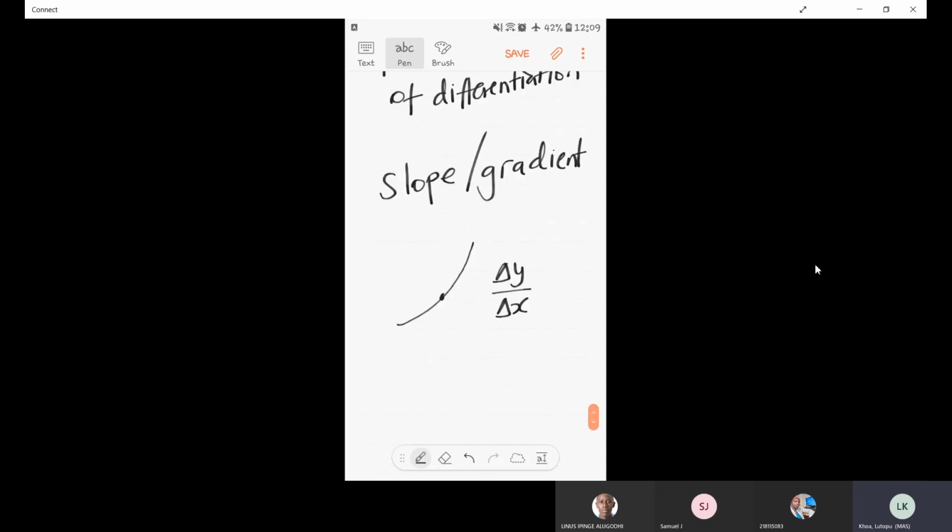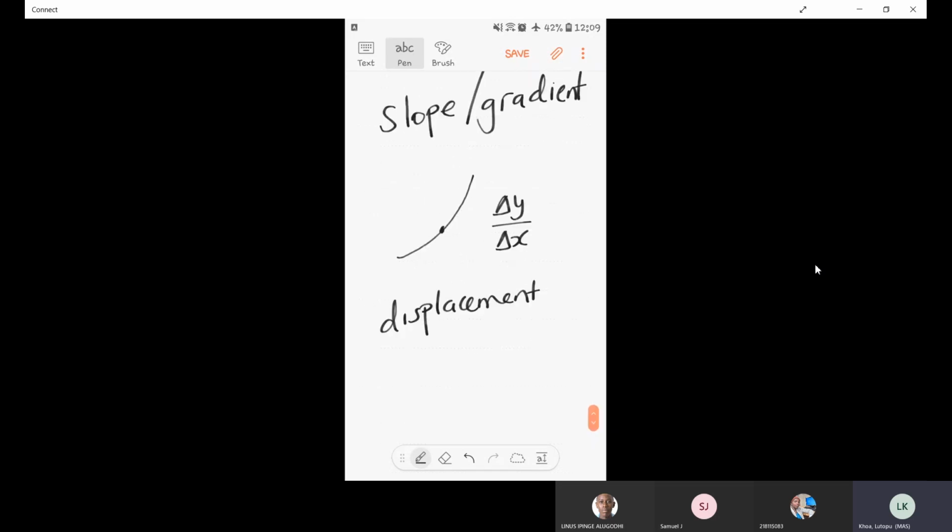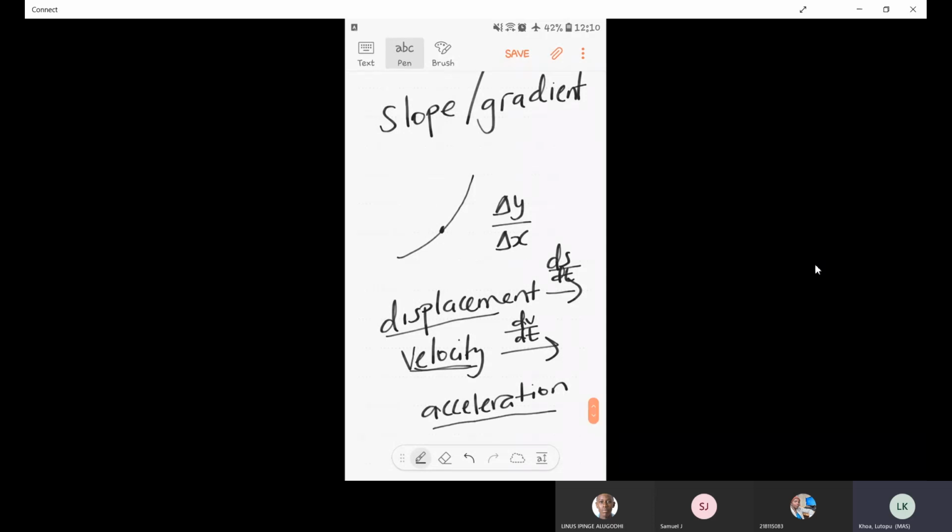So we gave practical examples: if you have the displacement and you differentiate this, ds dt, you get your velocity, and then when you differentiate that, dv dt, you get your acceleration. So how fast the displacement is changing with respect to time gives you the velocity. How fast the velocity is changing with respect to time gives you the acceleration.